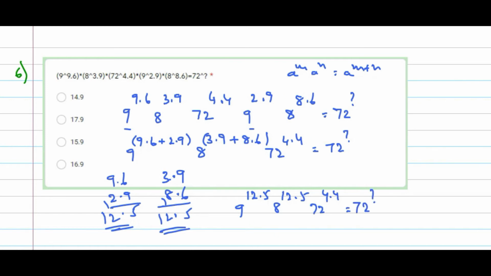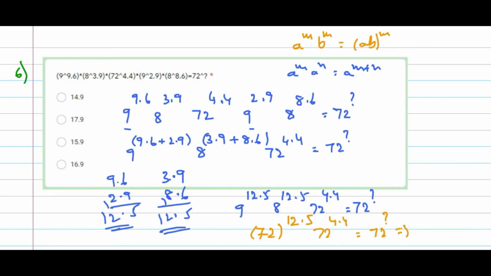So according to the formula, a power m and b power m is equal to ab power m. According to that, 9 8s are 72. So 72 power of 12.5 and 72 power of 4.4 is equal to 72 power.